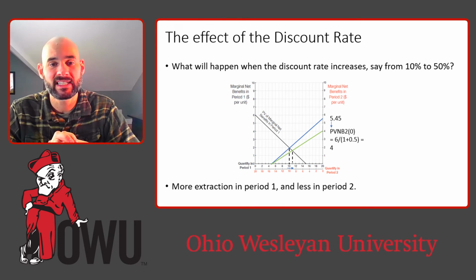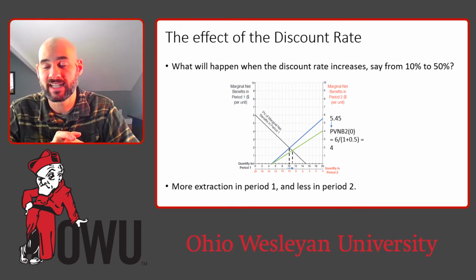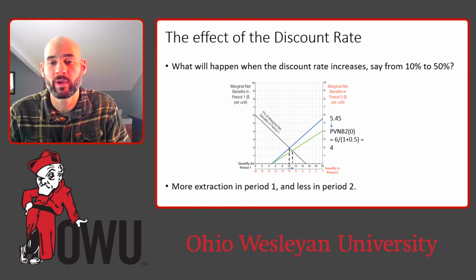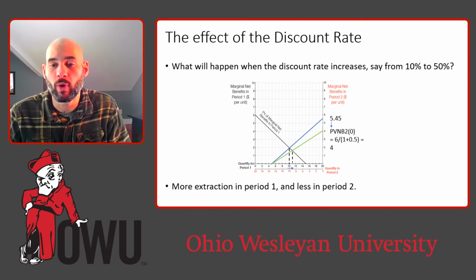And so let's say that we increase the discount rate dramatically from 10% to 50%. Well, now we are dividing our present value marginal net benefit curve in period 2 not by 1.1, but by 1.5.